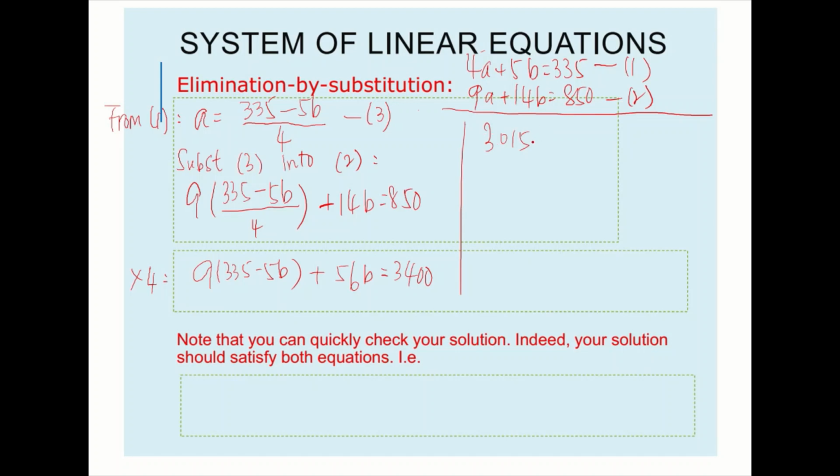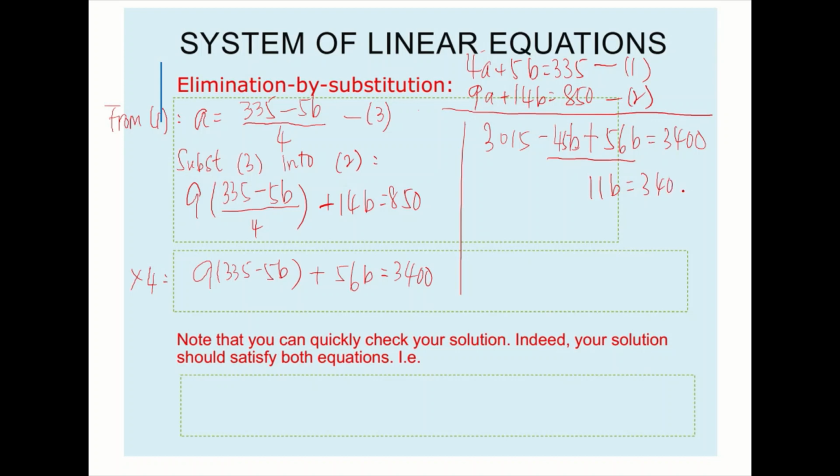All these values were in the discussion before. 9 times 5 is 45b, plus 56b equals to 3400. So solve this, we have 101b.